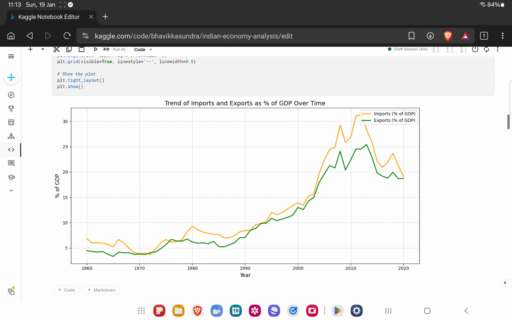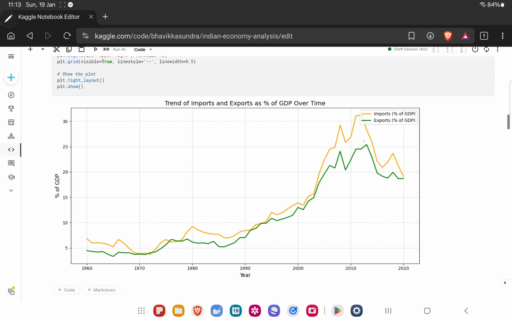The yellow line is imports and the green line is exports. Over time we see that during the 1970s the balance was pretty good, the imports were nearly equal to the exports, but after 2000, imports were regularly shooting up above the exports.